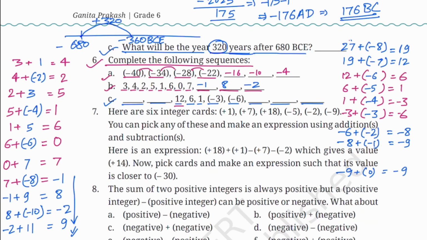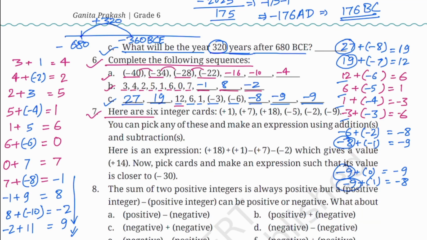So you can fill 27, 19, 12, 6, 1, minus 3, minus 6 is there. Then you can fill minus 8 here, minus 9 here, and minus 9 plus 1 is equal to minus 8. Again, you have to fill minus 9.